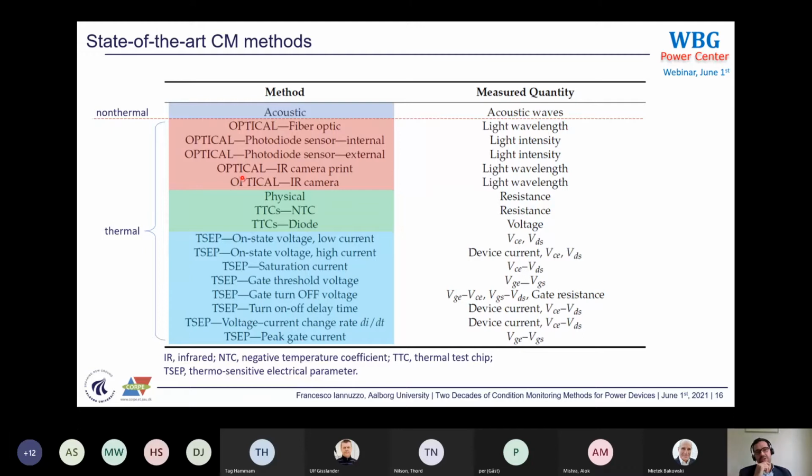So galvanic isolation is key. Then you have contact methods, which are basically physical methods or thermal test chips. And then very many of them are indirect methods like temperature sensitive electrical parameters, which all have in common the ability of working out what the temperature is starting from electrical parameters like voltage and current. You have a list here for your future reference.